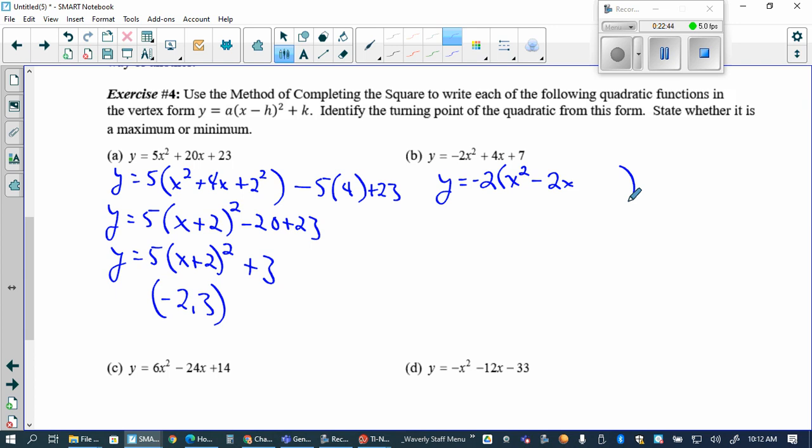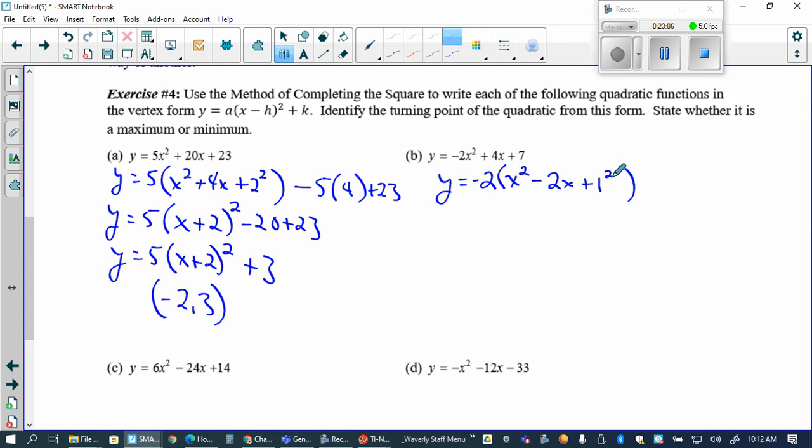So that's -1 squared, which is just 1. So plus 1 squared. We factored out the -2, so we got a new B.